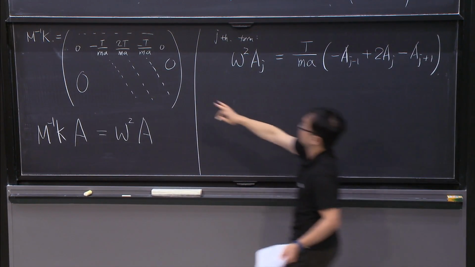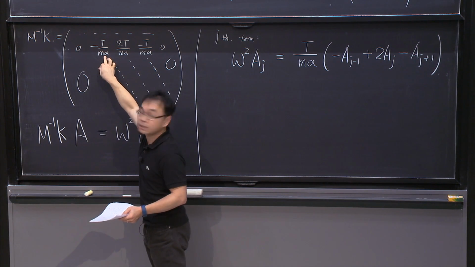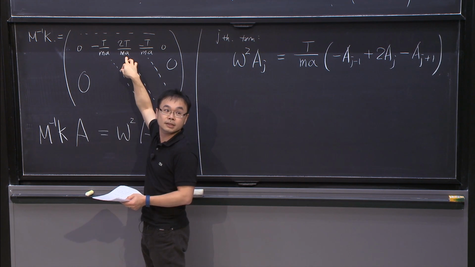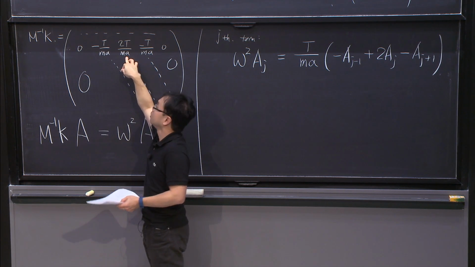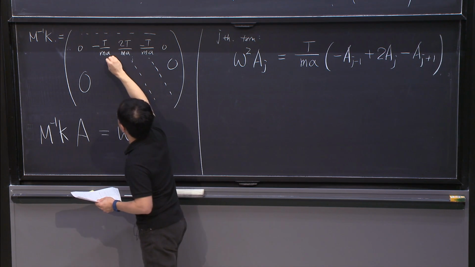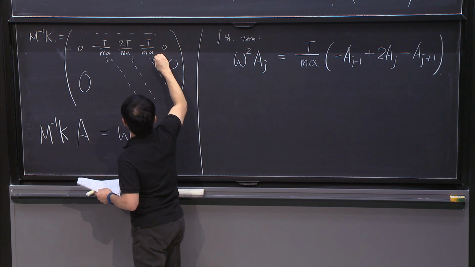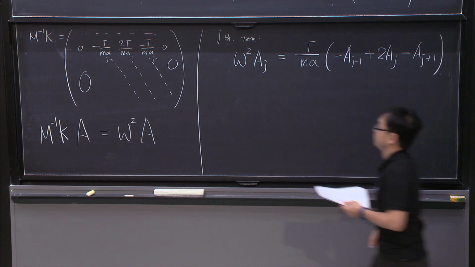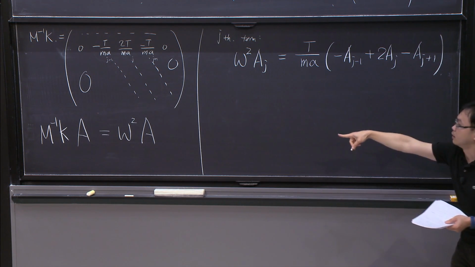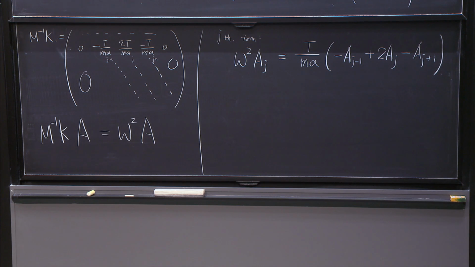Because this term is in the exact diagonal of this M-inverse-K matrix, it matches with j, and the others will match with j minus 1 and j plus 1. Therefore, if you multiply M-inverse-K and A, you get this result. Okay.